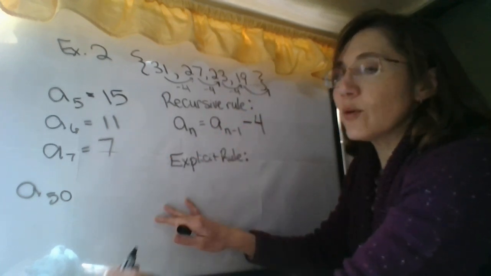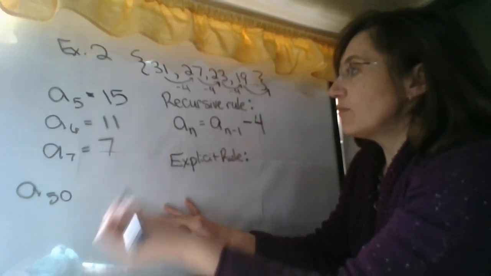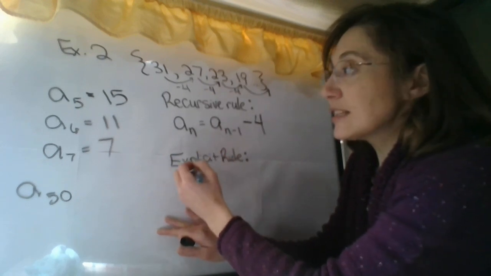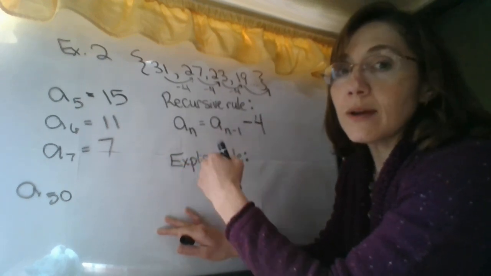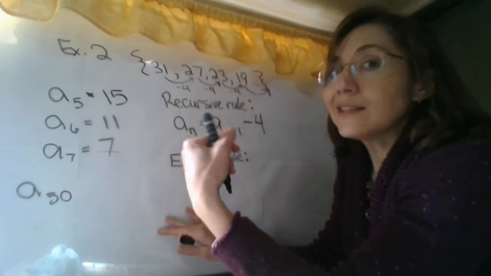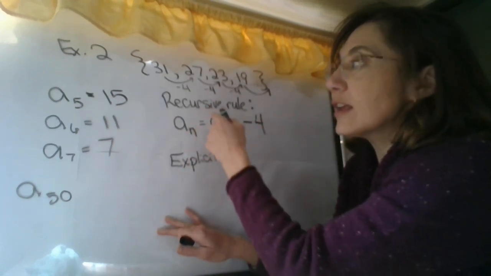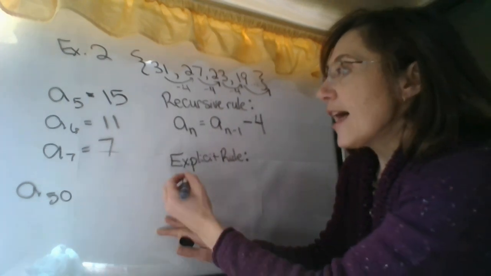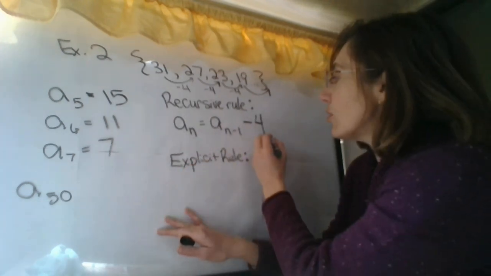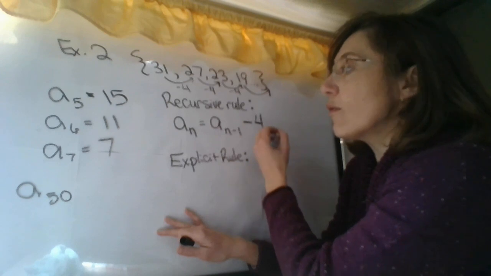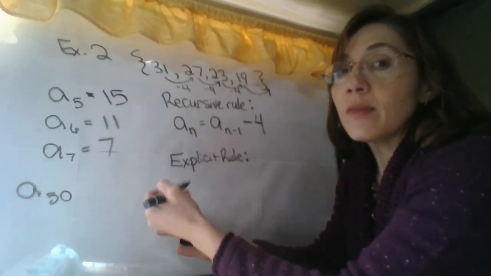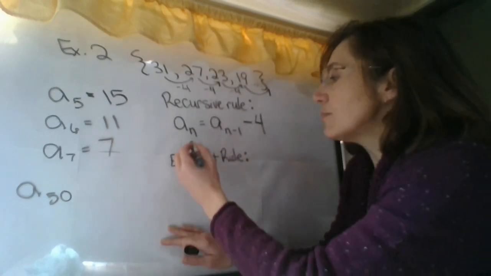So we're minusing 4 over and over and over again. So to develop that into an explicit rule, that's where you tell me the step you want, I'll tell you the answer. You don't have to list them all out like you would with the recursive. For the explicit rule, if you're subtracting by 4 over and over again, that's going to become the multiplication piece of this problem.